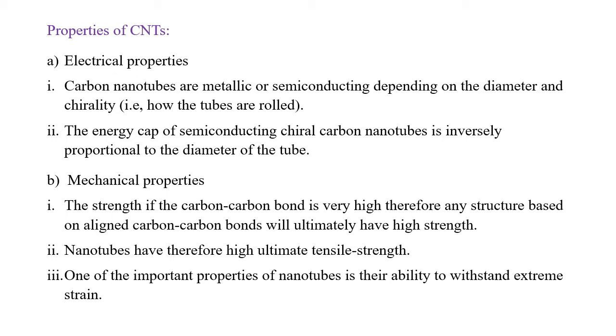The energy band gap decreases with increase of diameter of the carbon nanotubes. The energy gap also varies along the tube axis and reaches a minimum at the tube ends. This is due to the presence of localized defects at the ends due to the extra energy states.